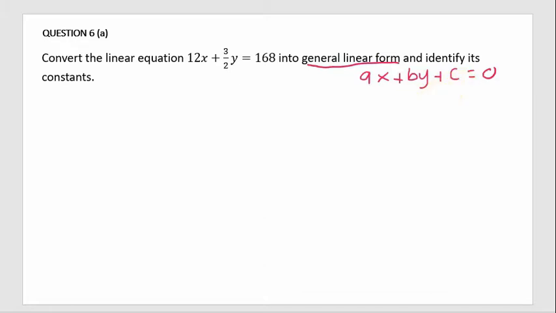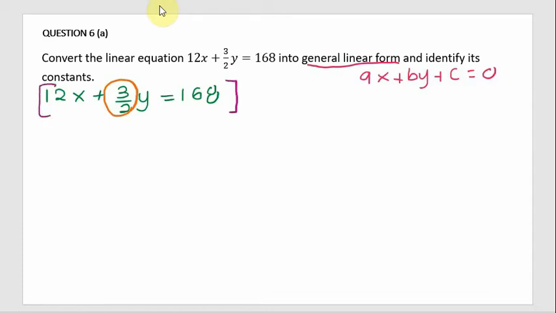Okay, so now we have 12x plus 3 over 2y equals 268. Because we have the fraction 3 over 2, we need to multiply the equation by the denominator 2.